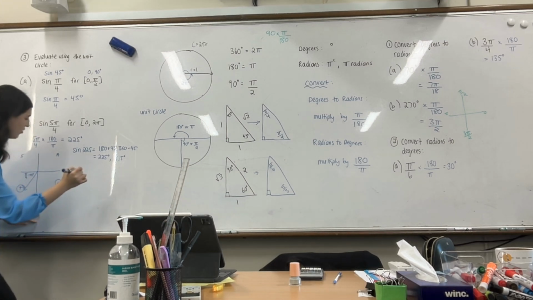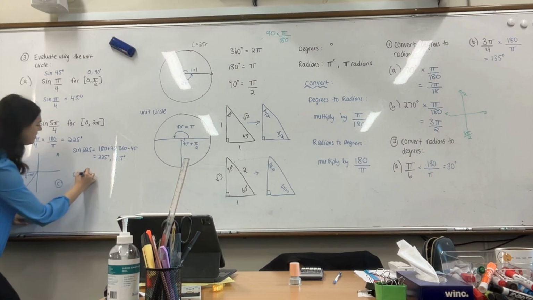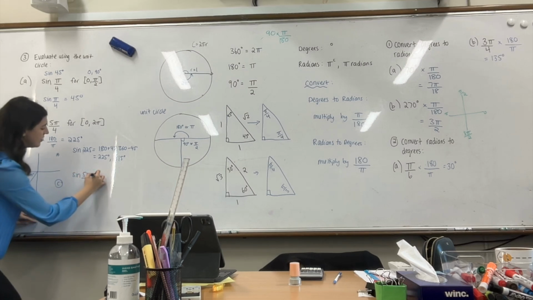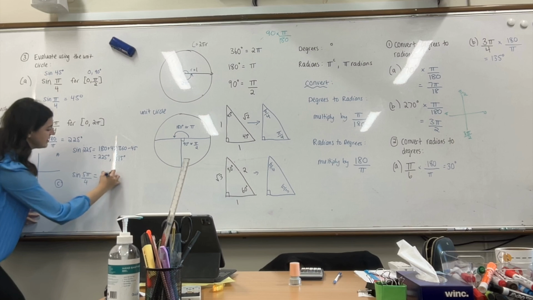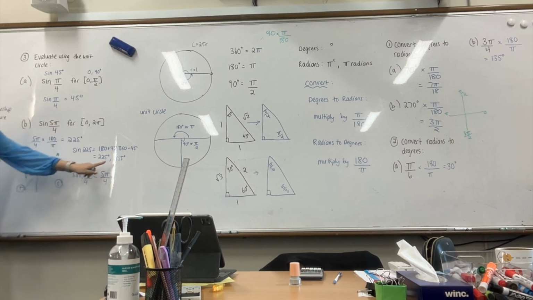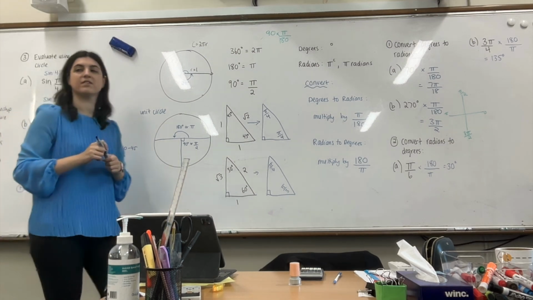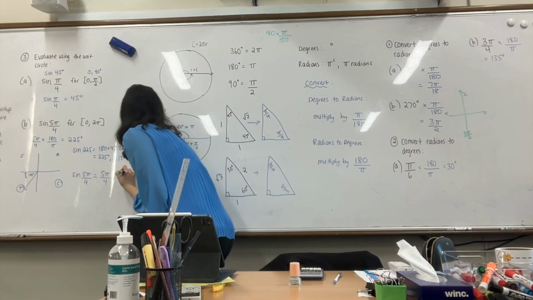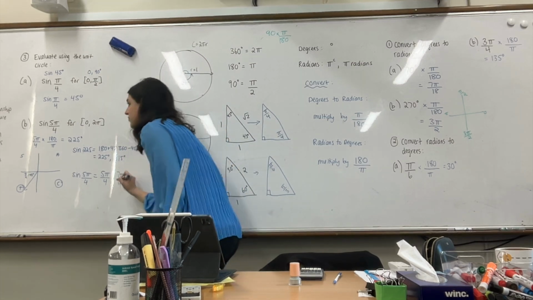Good. So what I write is sine 5 pi over 4 is equal to the first one, so that's easy enough. 315, what would that be? To convert that into radians, 7 pi over 4. Lovely, 7 pi over 4.